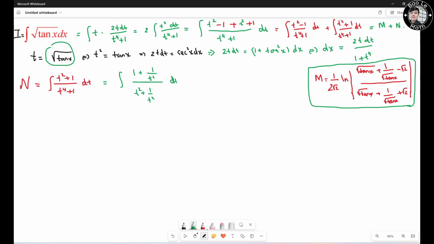So the bottom right here, I just add 2 and I subtract 2, right? So it turns out to be the integral of 1 plus 1 over t squared over t minus 1 over t altogether square plus root 2 altogether square, right?